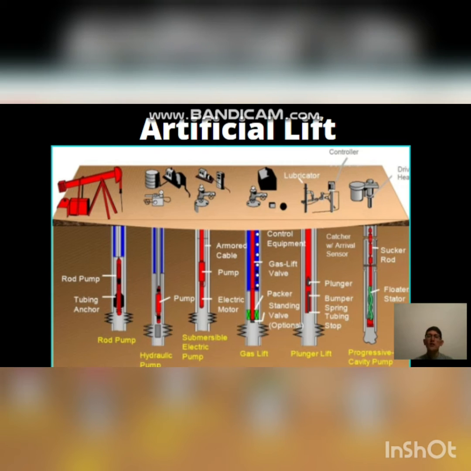The most used pumps are cyclone pump, hydraulic pump, submersible electric pump, and gas lift. And the less commonly used are plunger lift and progressive cavity pump. I will just choose the gas lift method to explain more because of the time.